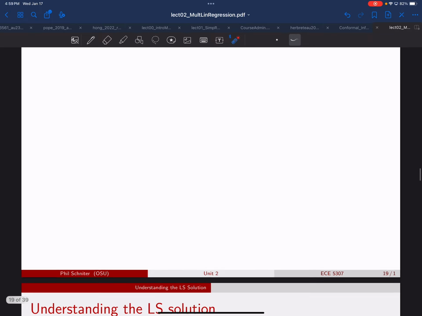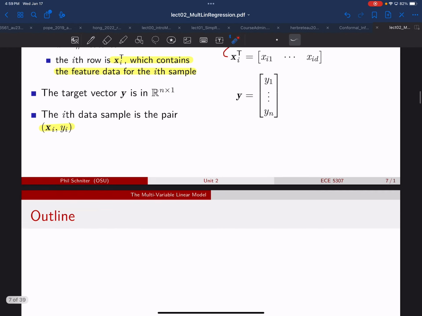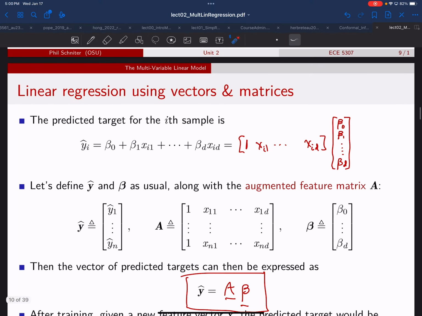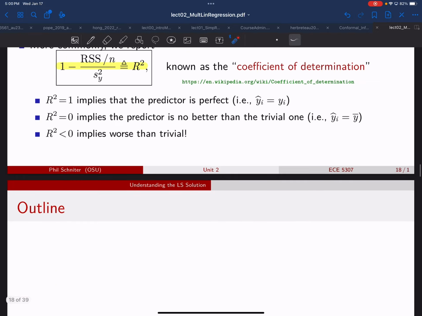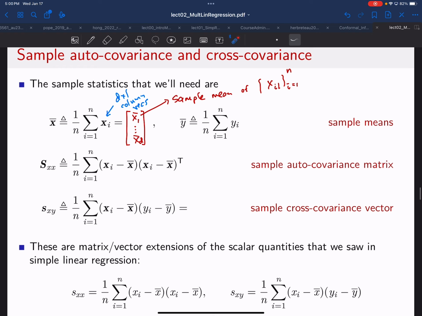In fact, we defined all these quantities way back at the beginning, where we started talking about that stuff. This is for the ith patient, which would be the ith row in this X matrix. Good. Any other questions on the sample mean?